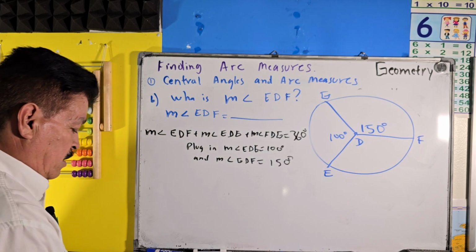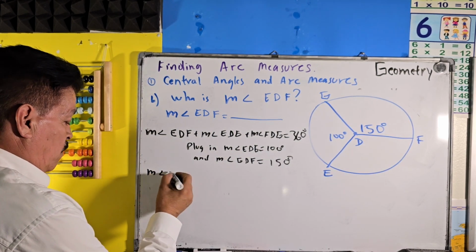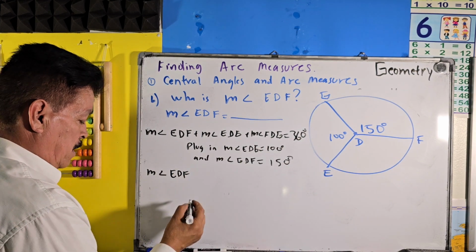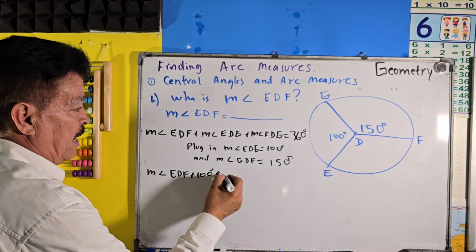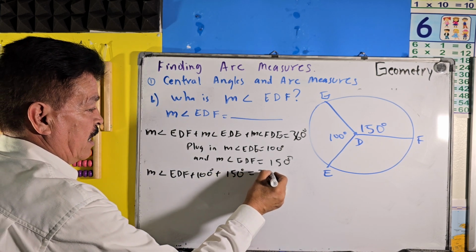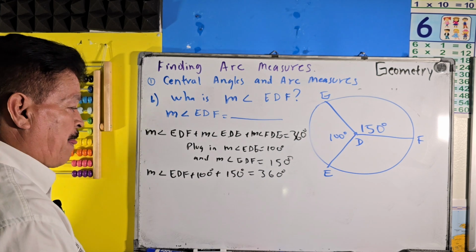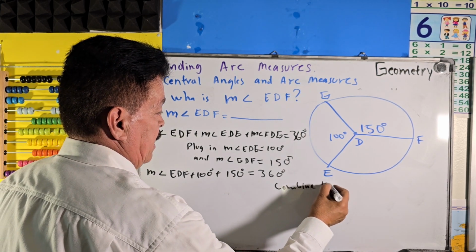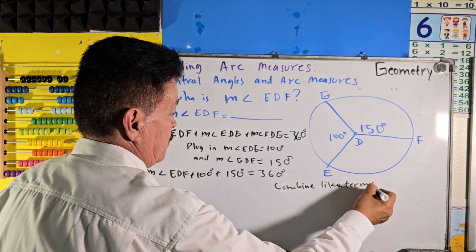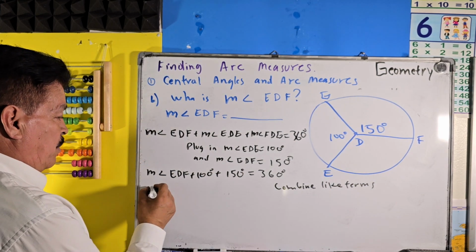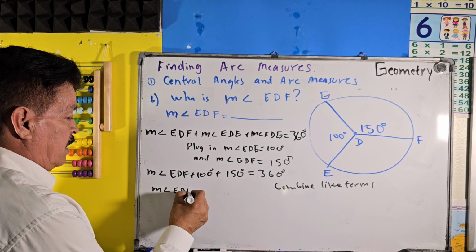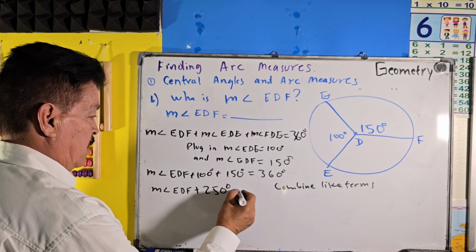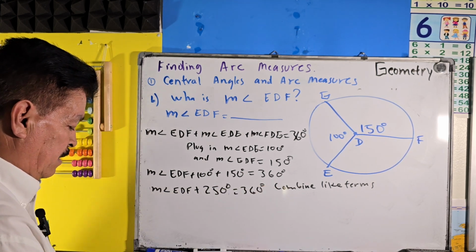If we do that, we have the measure of angle EDF plus 100 degrees plus 150 degrees equals 360 degrees. So combine like terms: the measure of EDF plus 250 degrees equals 360.